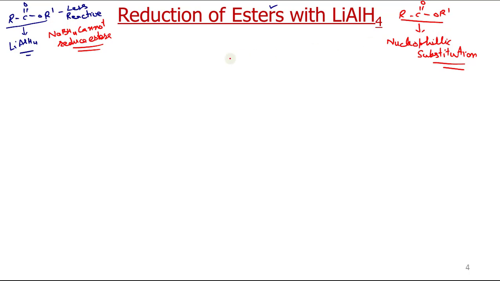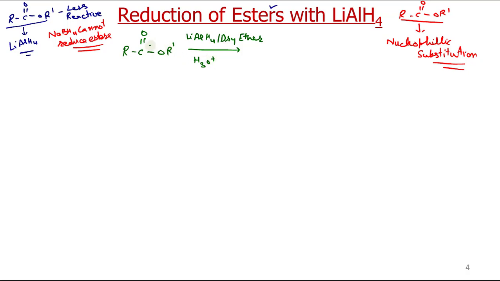So let us write the chemical equation for these reactions. The reaction goes something like this: RCOOR dash, lithium aluminium hydride, we need dry ether, and in the second step we do acidic hydrolysis.